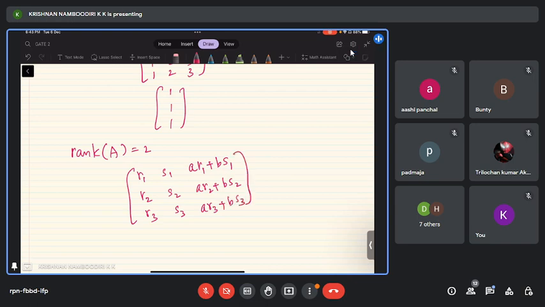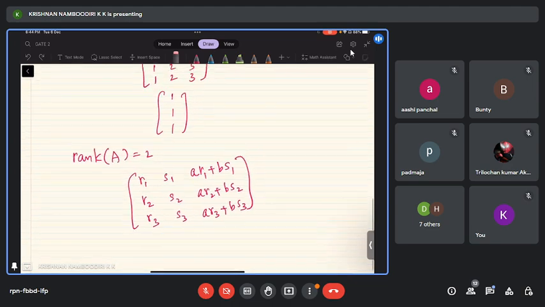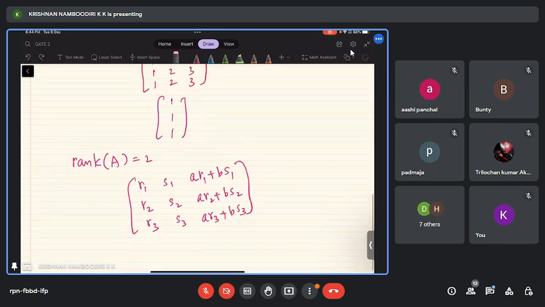That means I am weighing the first column by a factor A and the second column by a factor B, and I am taking the sum. That is the third column, correct? Also, S1, S2, S3 and R1, R2, R3 are linearly independent. That means you cannot express S1, S2, S3 as a scalar multiple of R1, R2, R3.